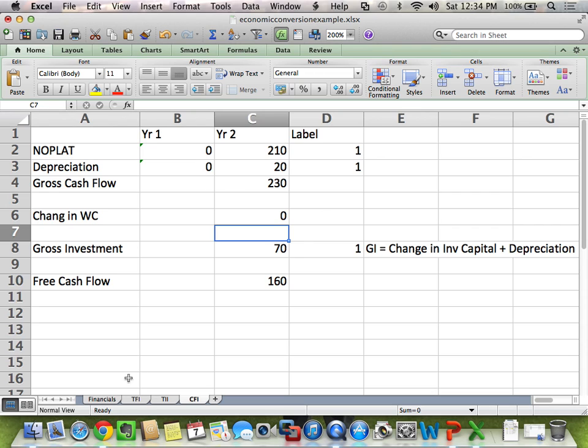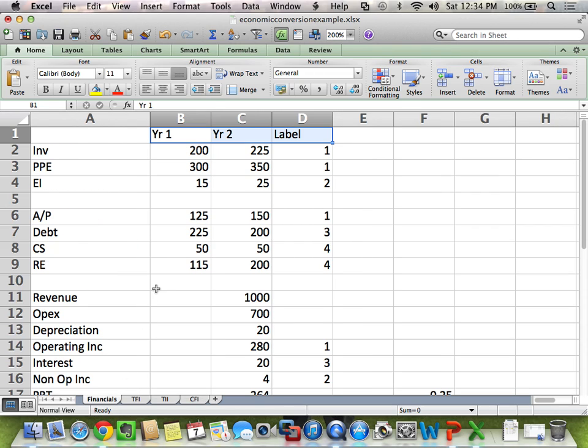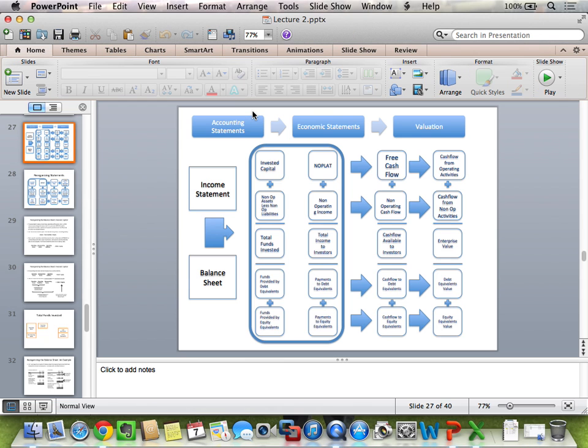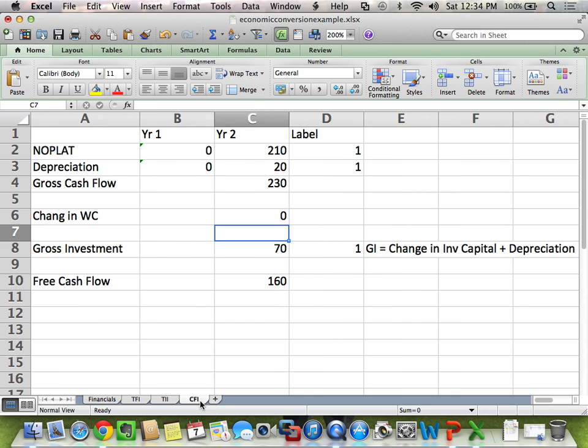And we can eyeball this, because if we go back to the original balance sheet, inventory went up by 25, but payables went up by 25. So we didn't pay for any of the inventory that we just bought, so there was no cash impact. Everybody see that? So the change in working capital was basically zero.